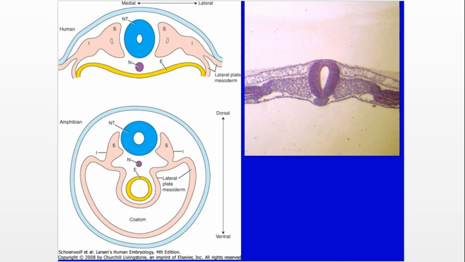Cells of the neural crest will give formation, for example, of spinal ganglia and the autonomic nervous system cells. And the thickened portion of the ectoderm in the place of the future head will get the name neural placode.